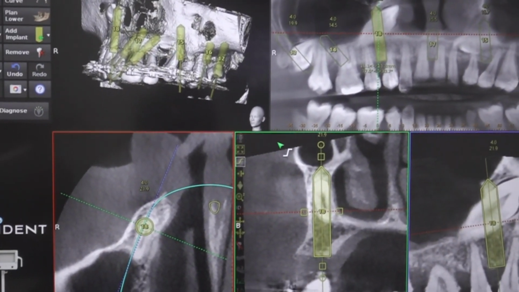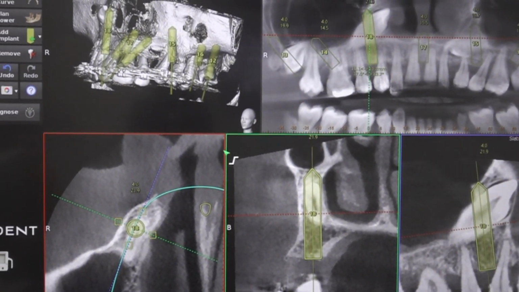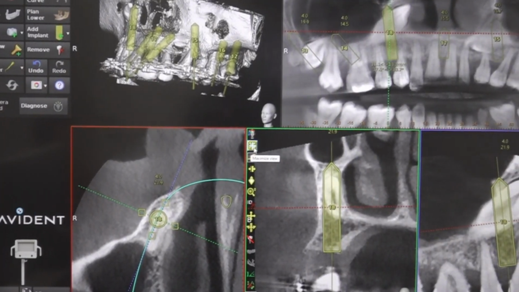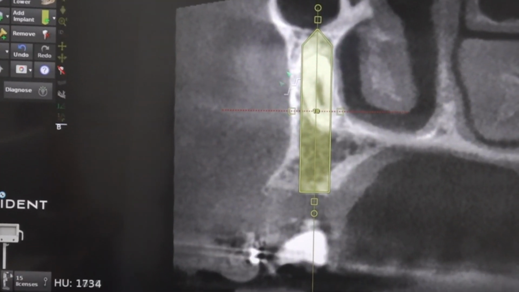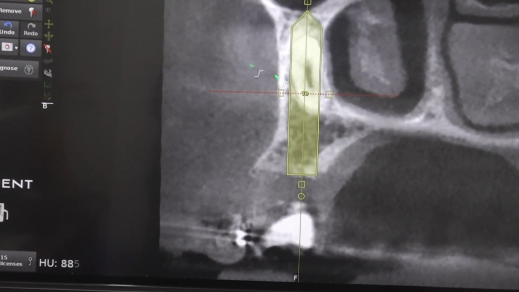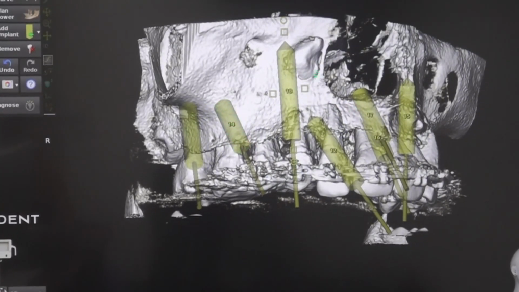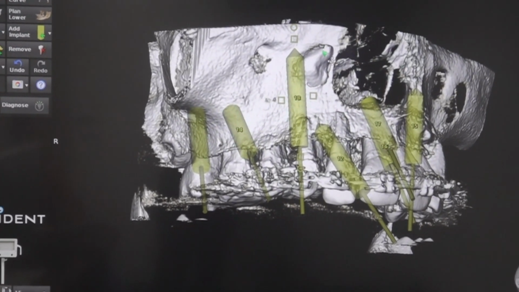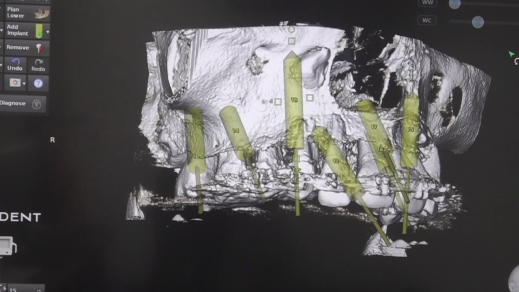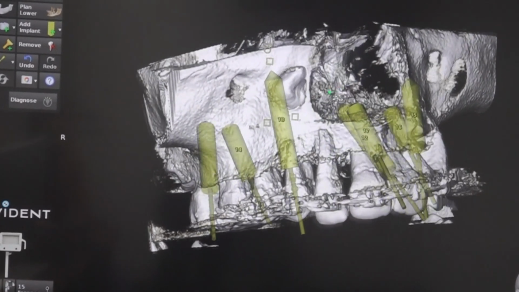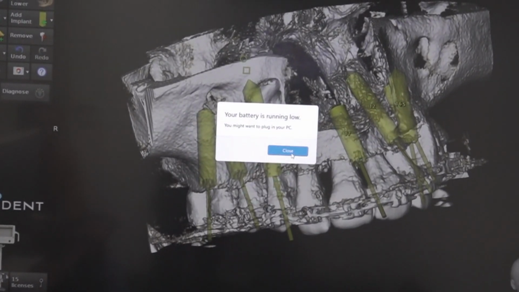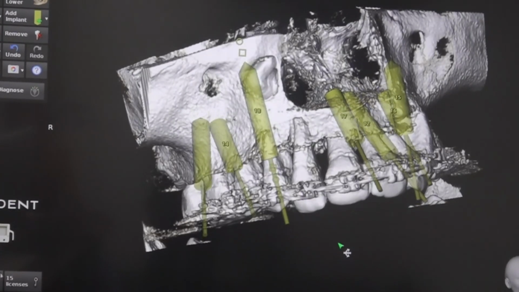The problem is, while removing the canine, we may remove some bone. Here we may create a window, no? So that will destroy this good bone. While removing, we have to be careful about the infraorbital nerve also.